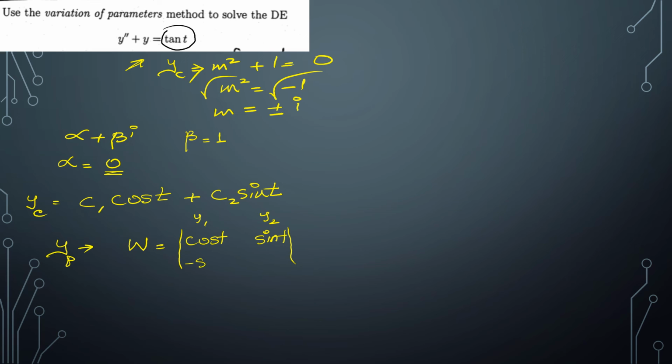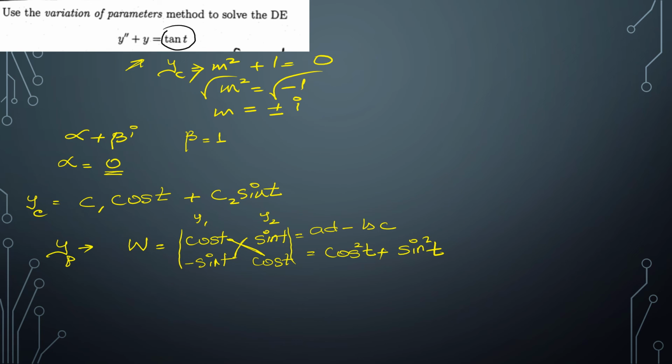So cosine t changes into negative sine t, and the derivative of sine t is cosine t. Then we use our formula to find the determinant, AD minus BC. So cosine t times cosine t gives me cosine squared t, minus BC, that means sine t times negative sine t. So sine t times sine t gives me sine squared t, and since there is a negative sign, the negative becomes positive.